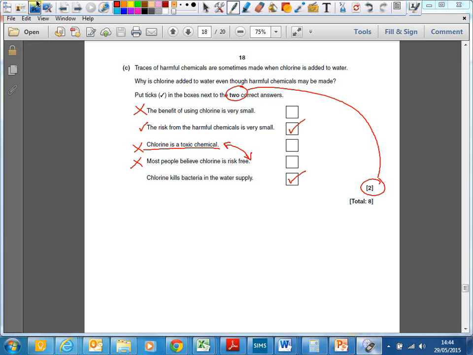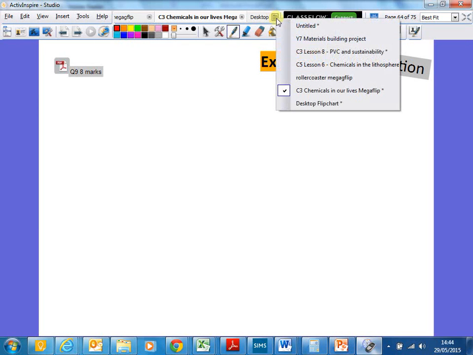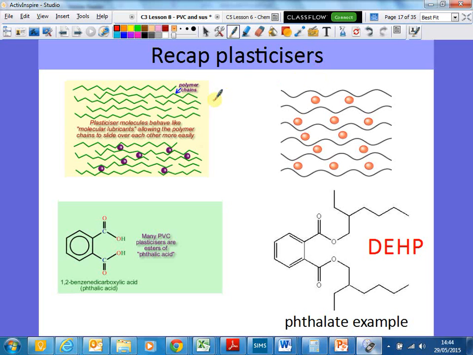One final thing I'd like to talk to you about is, if we go back to PVC for a second and we talk about phthalates, we've already drawn a very similar diagram to this, where we've got our polymer chains and we've got our plasticizers.